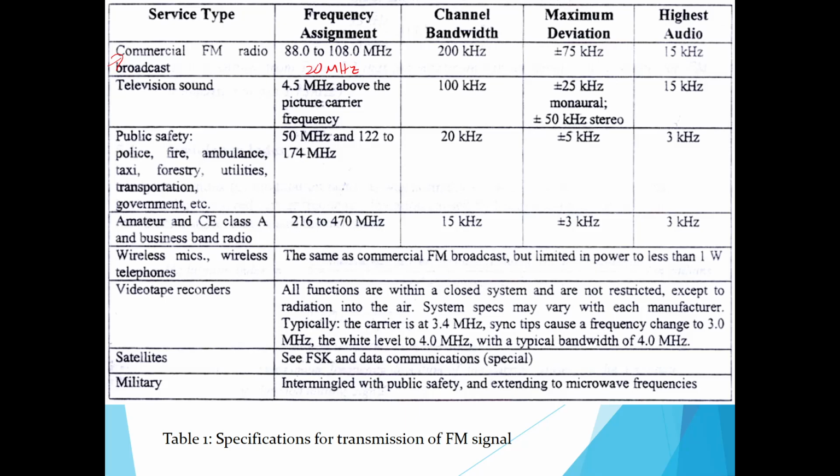Each radio station or each channel has a bandwidth of maximum 200 kilohertz. And then the maximum deviation, this is maximum delta F. Delta F maximum is equal to plus minus 75 kilohertz, above and below the frequency limit.